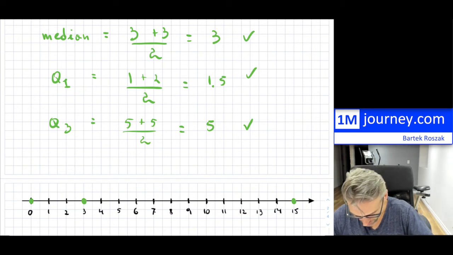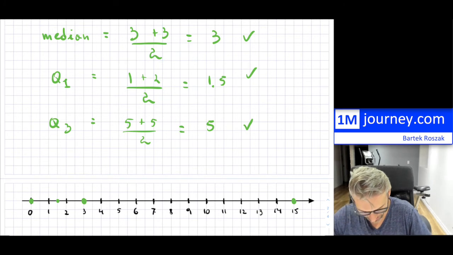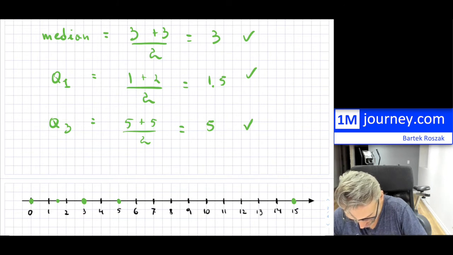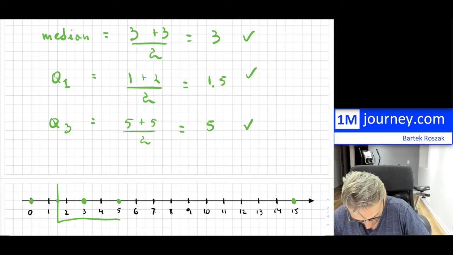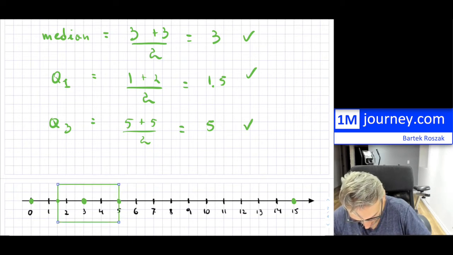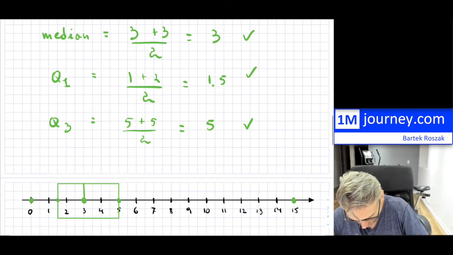My Q1 is 1.5, so that is actually right here, and then my Q3 is 5. So this is very interesting. Let me draw a box, a little bit bigger, like this. It's going to go through my median right there.